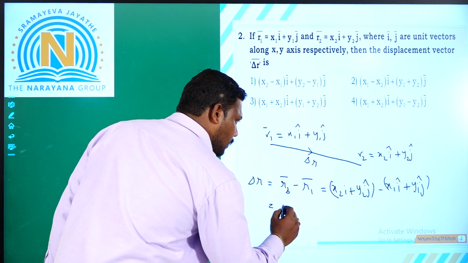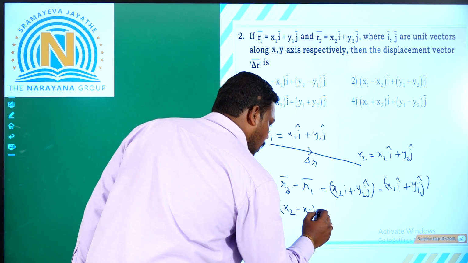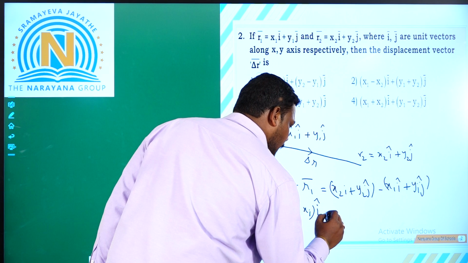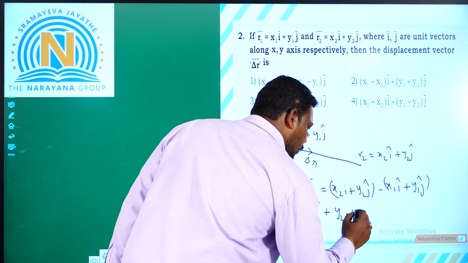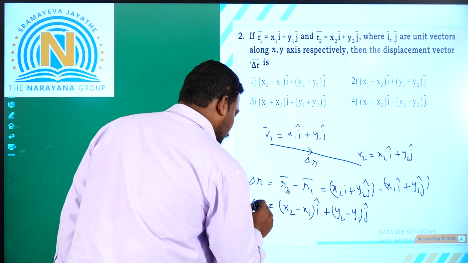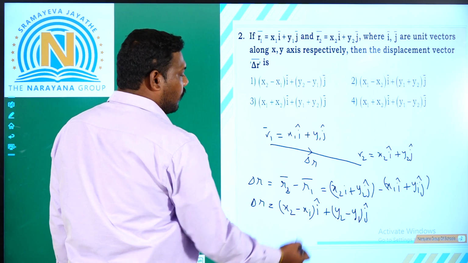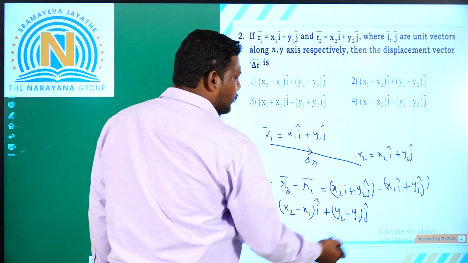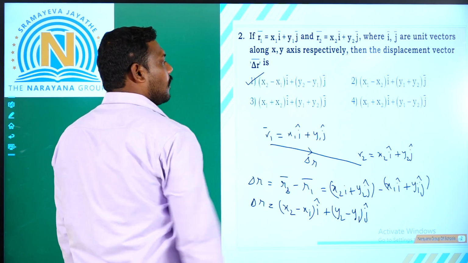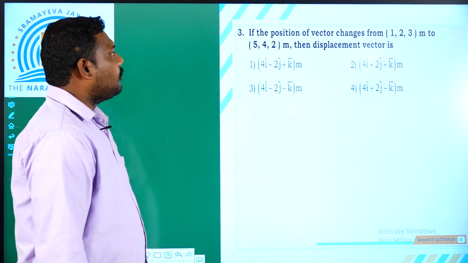So this is equal to x2 minus x1 of i cap plus y2 minus y1 of j cap. So the displacement vector delta R would be x2 minus x1 of i cap plus y2 minus y1 of j cap. This would be the answer, right? Now let us go to the third question.